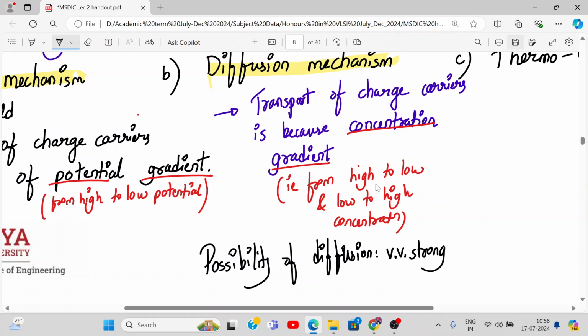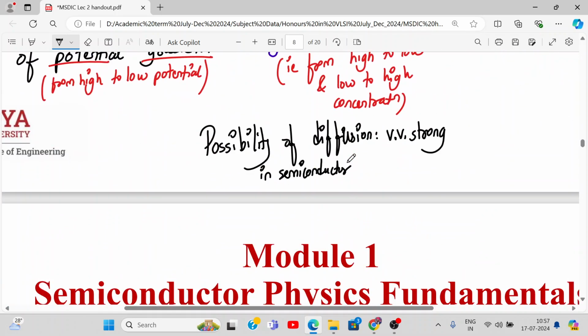Because, as we discussed before, in a semiconductor material the concentration can be varied over a large amplitude, over large orders of magnitude. So you can have devices where there are low and high concentrations of carriers at the same time. The transport of charge carriers due to such a situation is due to the concentration gradient. Understood this?